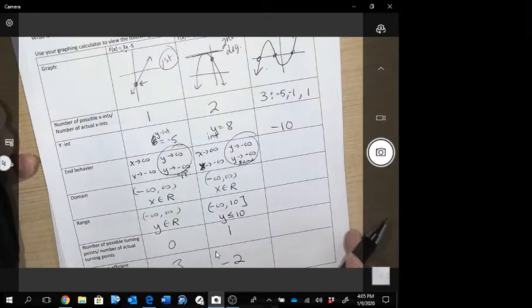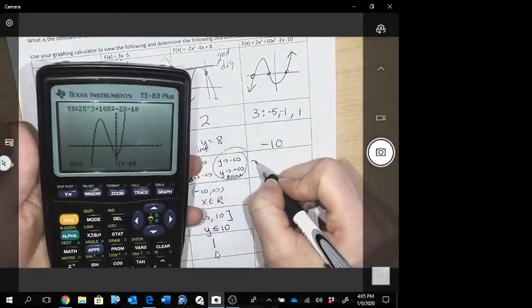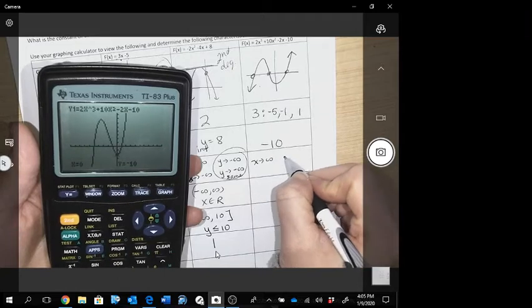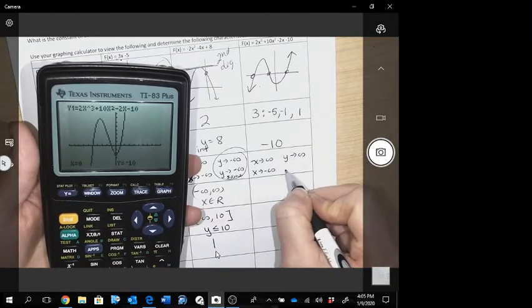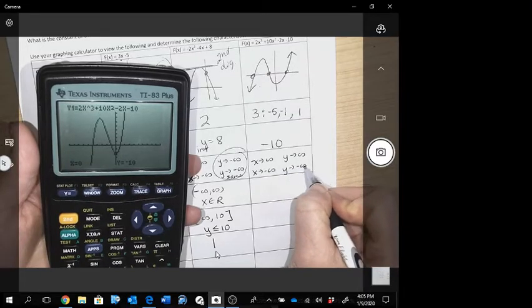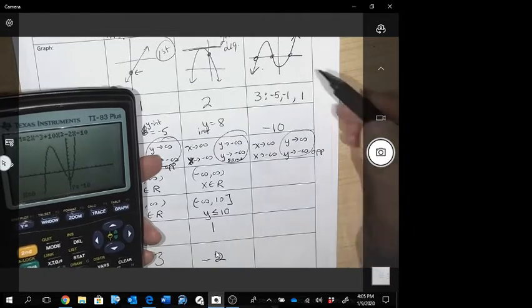Okay? End behavior, so as we're going right, so as x goes to infinity, we go up. And if x goes left, y goes down. So you can see that this is opposite because it's a third degree.